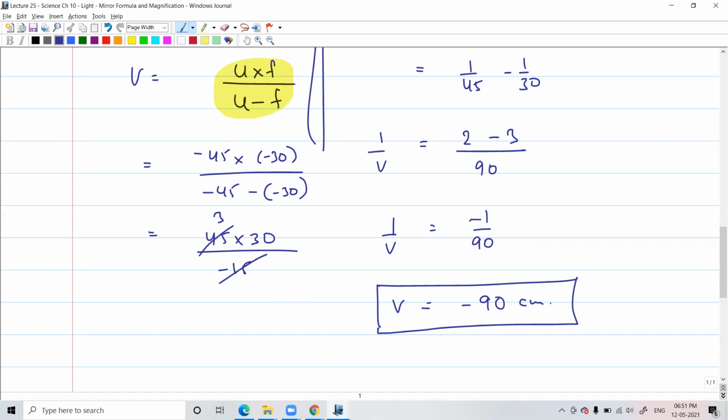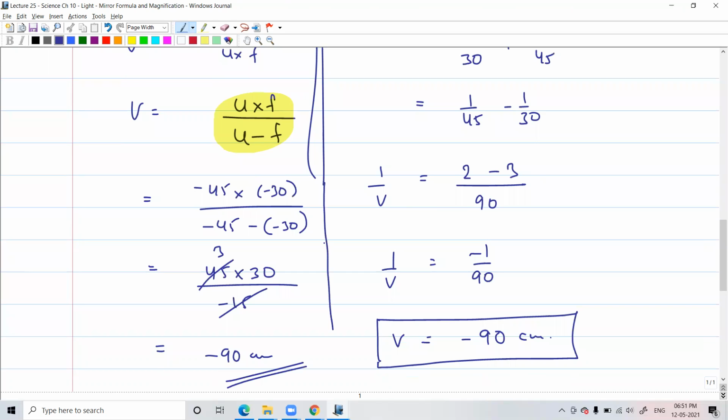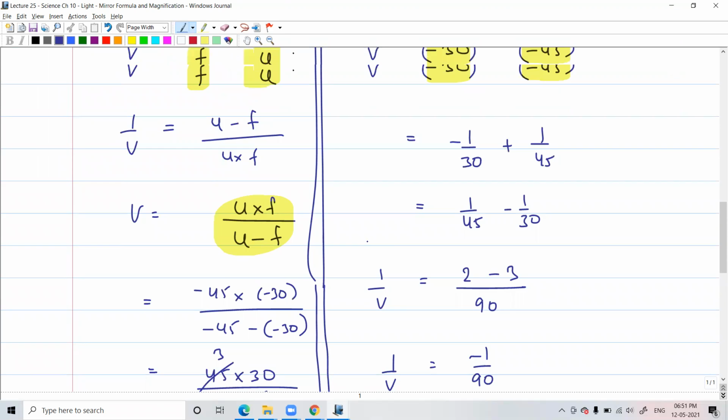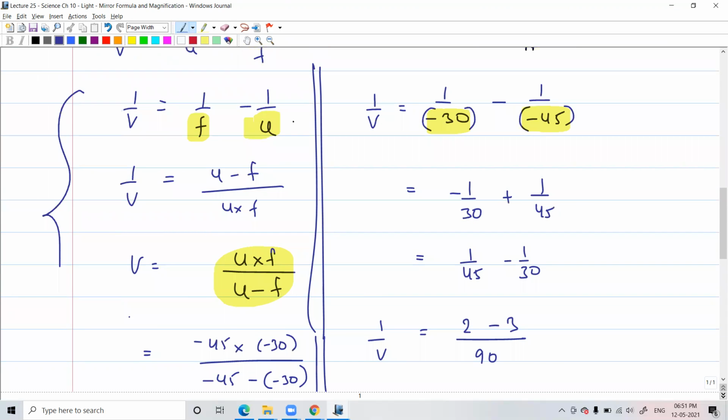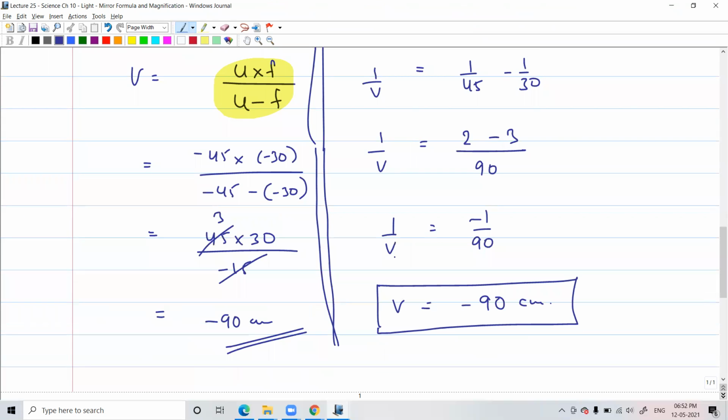Three times it becomes minus 90. So whichever way you feel, you can use. Everybody understands? I have done this with two methods. Basically, they are not different methods, just different ways to do the same calculation. All of you understand? Confirm, guys. Yes, sir.